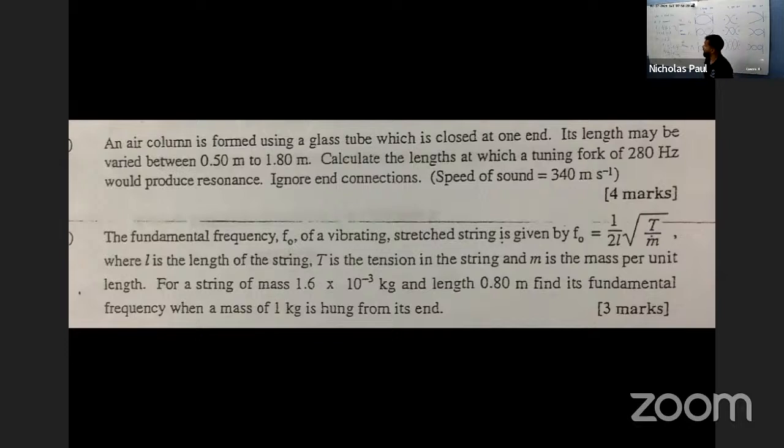So you have to adjust the lengths and see when you'll be able to observe one of these. Have you found the wavelength already?